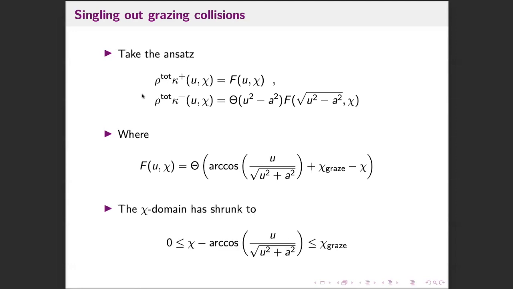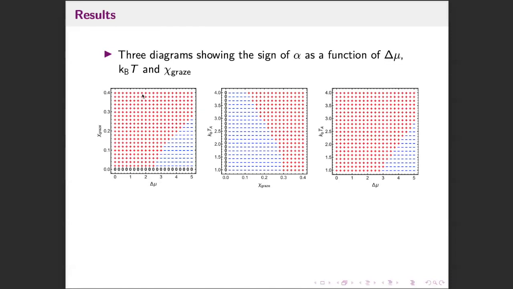So you say that only for this very narrow window of scattering angles, a reactive collision takes place. And then you can get this flocking effect. Whereas if you would consider the full scattering angle window, you will never be able to get this sign flip. And then, yeah, so here you see some diagrams. So there are three important parameters in this theory. There's the chemostat, so you need to introduce a lot of activity to bring about this transition.